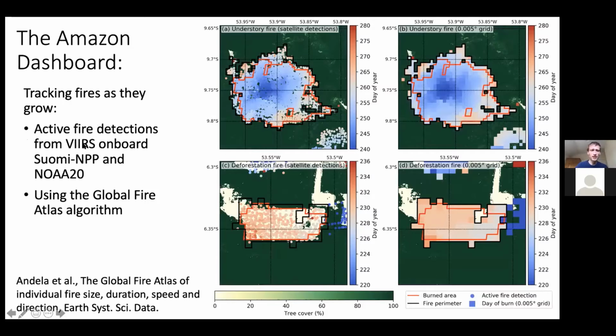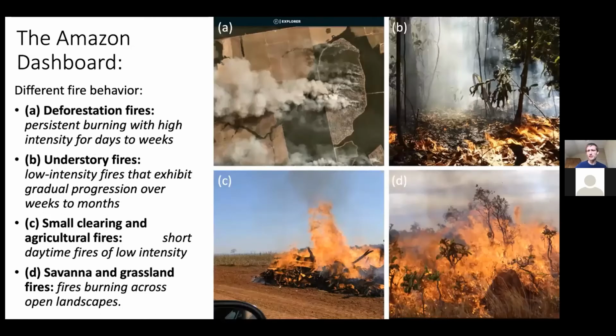And we combined active fire detection from two state-of-the-art new satellites, Suomi NPP and NOAA-20, that have a really highly sensitive sensor to the thermal radiation that comes from those wildfires. This algorithm maps the daily perimeters of the wildfires and tracks whether they are spreading fast or slow. And we now combine that, for example, with other information as well about wildfire behavior.